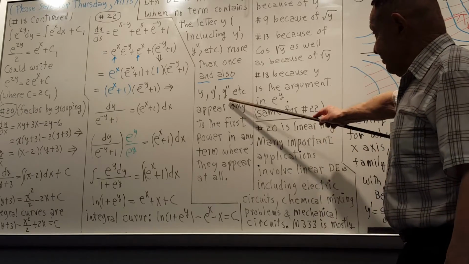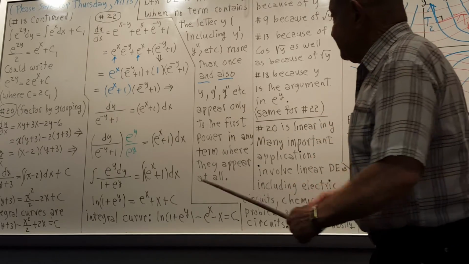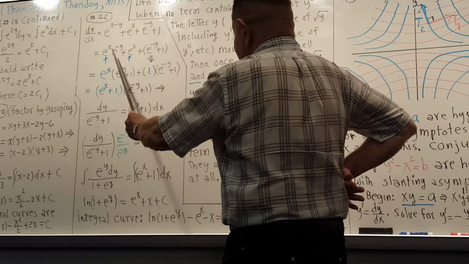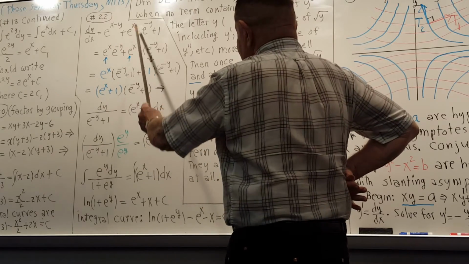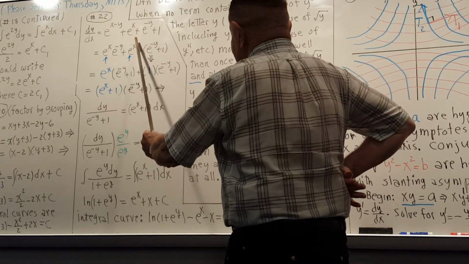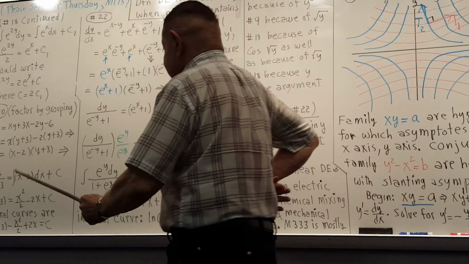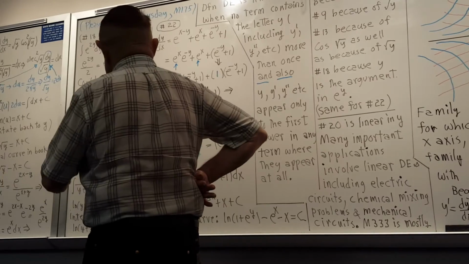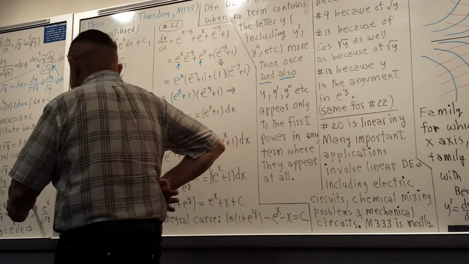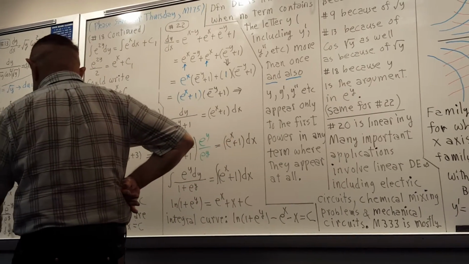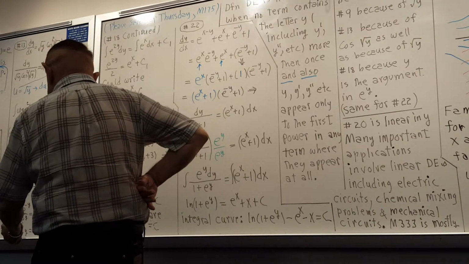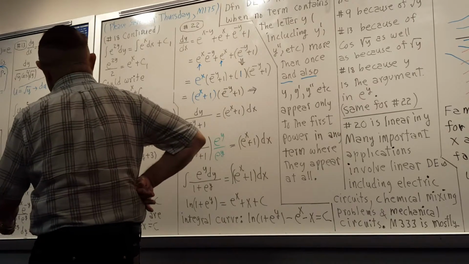And the second part means that something like this is not linear, where the y appears in the exponent position. Something like this is not linear because the y appears in an exponent position.